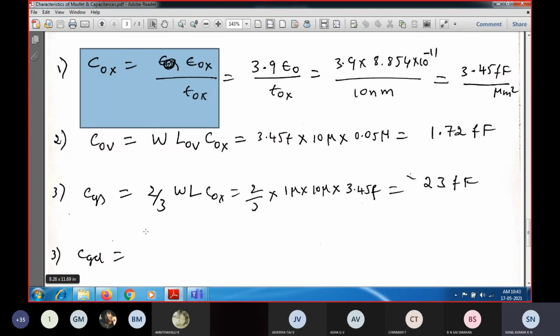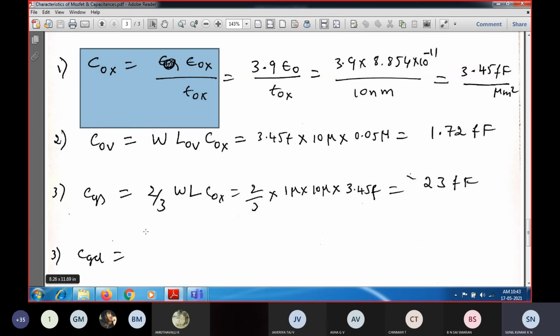This is a simple numerical they will ask for 4 marks, to find all the capacitances.